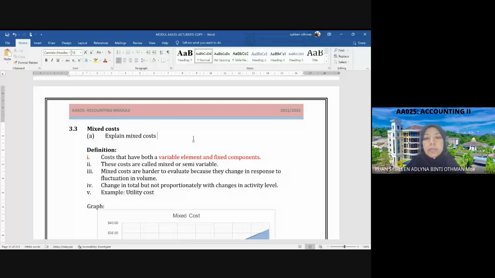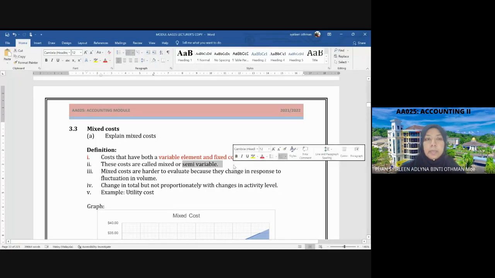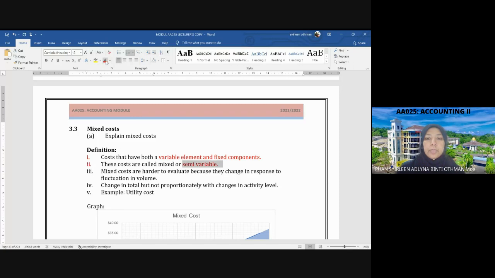Okay, so certain books also call it semi-variable cost. Okay, this is just for you to know. Most of the books we use say mixed cost, but certain books, MA books, use semi-variable cost. So when you see the term semi-variable cost, it is actually referring to mixed cost.